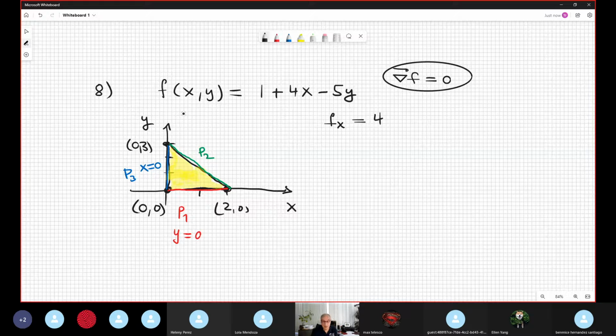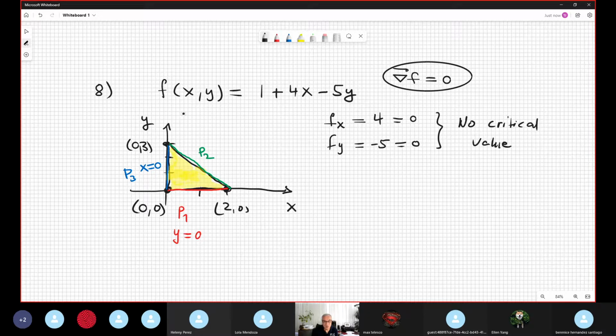And the partial derivative with respect to y is -5, no? And now the idea for the local max or min is to set it equal to 0. But equal to 0 is a contradiction because 4 and -5. That means that we have no critical value. And that makes sense, guys.